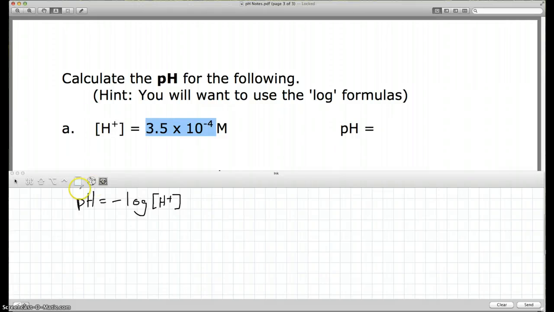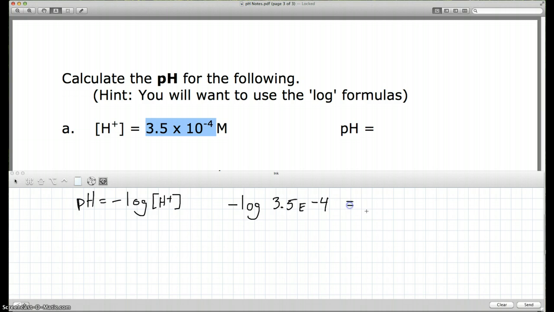My calculator, a graphing calculator, looks like this. I use the EE button instead of the times 10 to the negative exponent button. E in calculator language means times 10 to the, and then the negative 4 is the exponent.